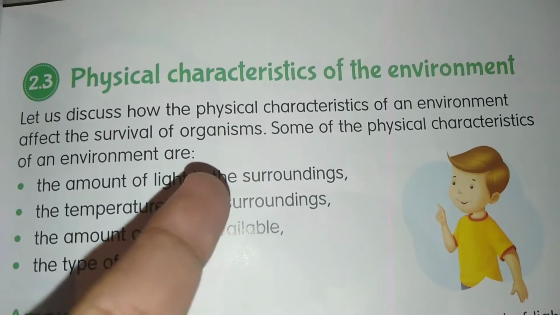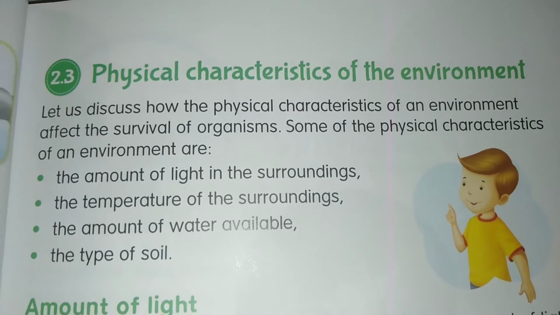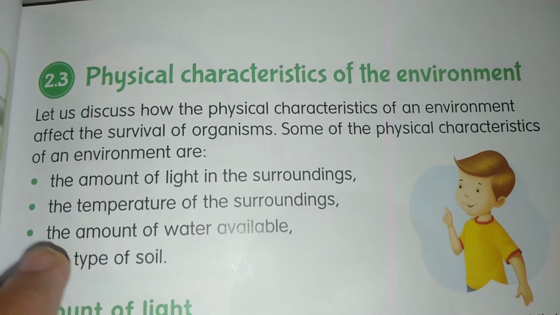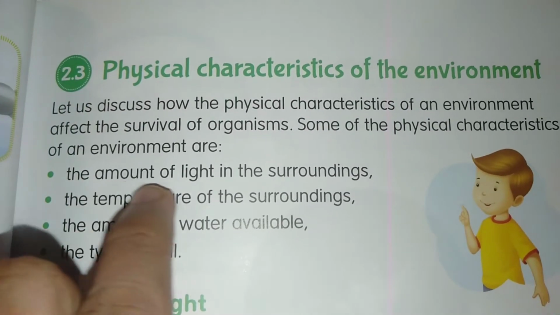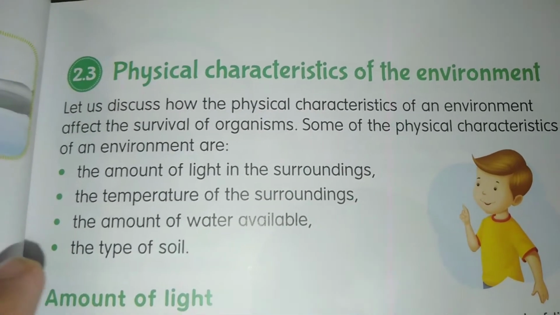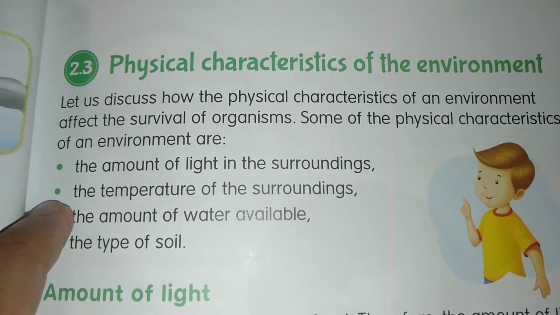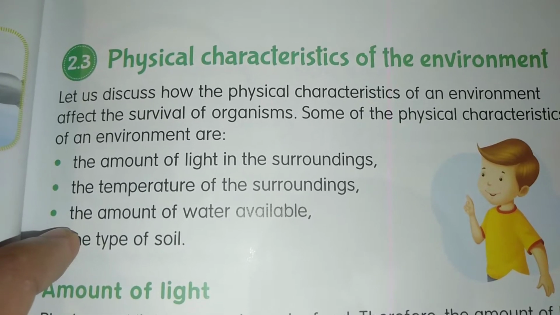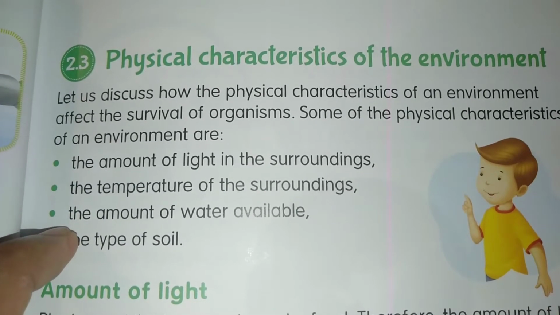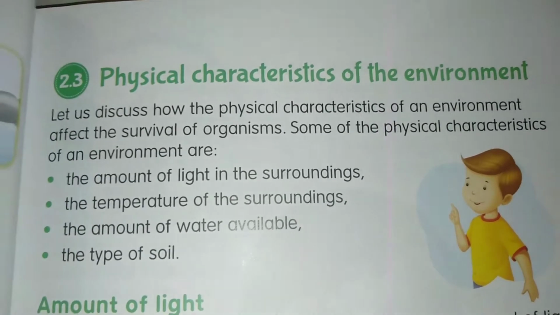Some of the physical characteristics of an environment are: number one, the amount of light in the surroundings; number two, the temperature of the surroundings; and number three, the amount of water available and the type of soil.